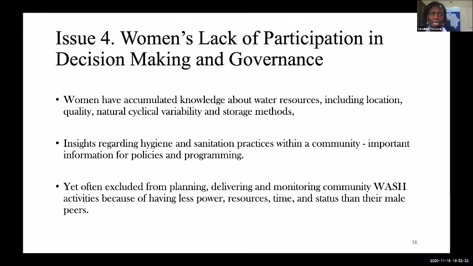They know lots about storage methods, they have lots of insights on hygiene and sanitation, and lots of information that would be important for policies and programming. But we find most of the time they're not included in the planning, monitoring, and evaluation. That's because they have less power, resources, and status than their male peers.